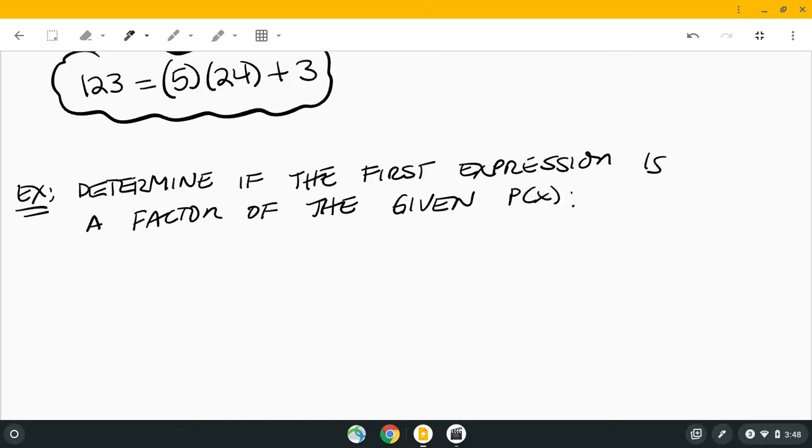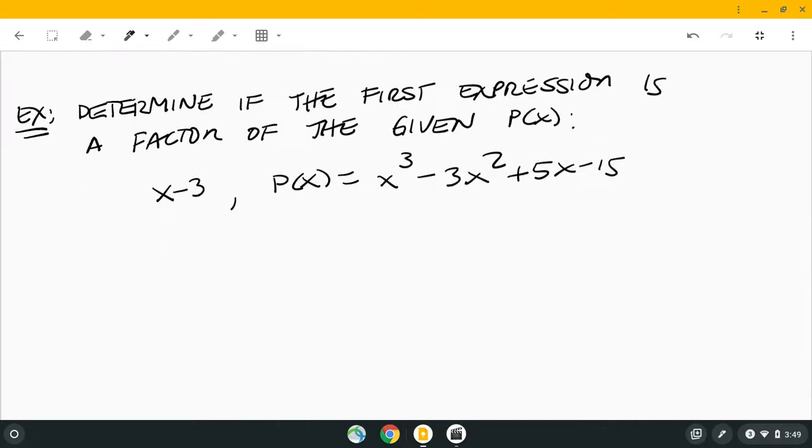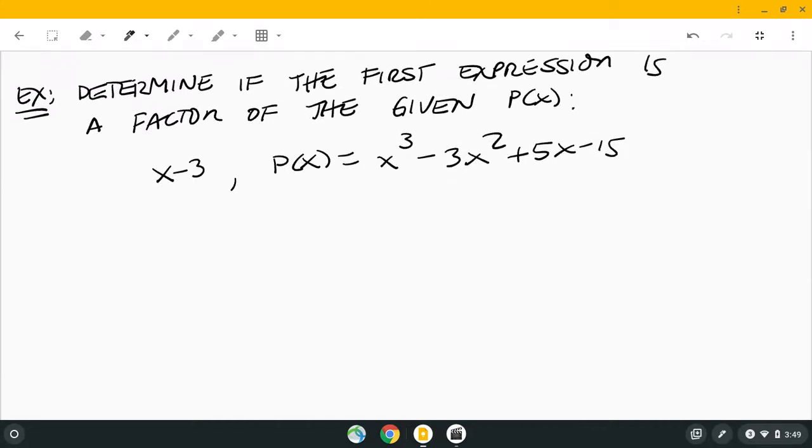You might have this one, x minus 3, that's our first expression, and we want to know if this is a factor of this polynomial: x cubed minus 3x squared plus 5x minus 15. To find out if it's a factor, we want to see if we get a 0 remainder. 0 remainder means that it is a factor. So we're going to do our synthetic division.